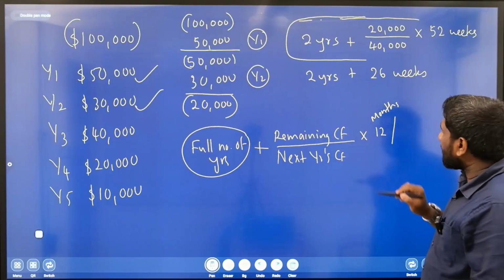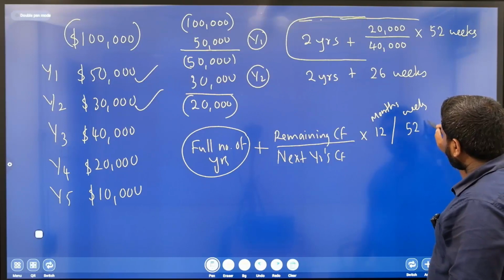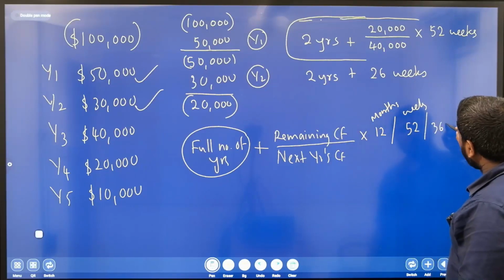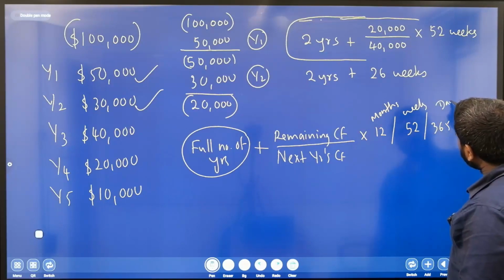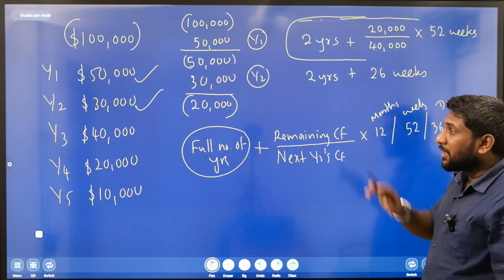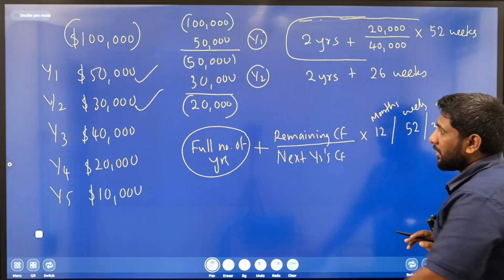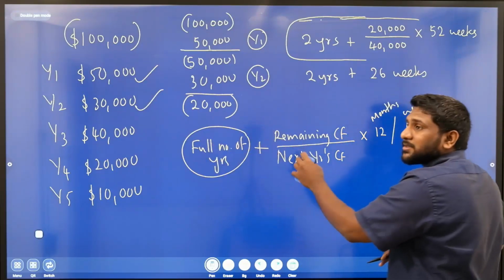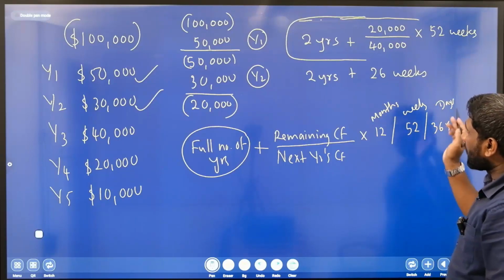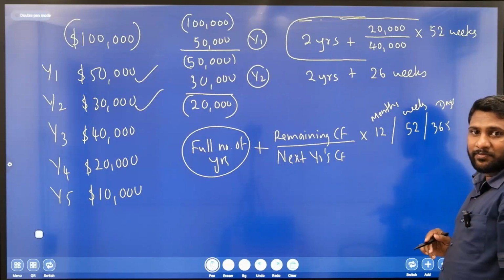If you want the second part in weeks, multiply by 52. If you want the second part in days, multiply by 365. So this is how you can calculate the payback period if your cash flows are not the same. Take the full years plus remaining cash flow divided by the next year's cash flow. 12 for months, 52 for weeks, 365 for days.